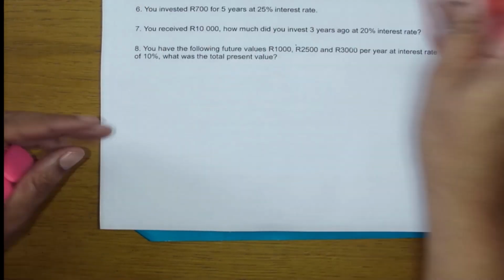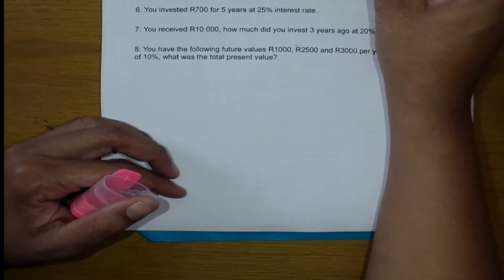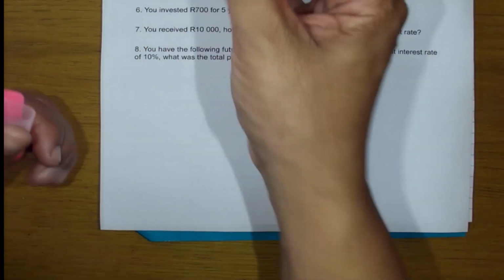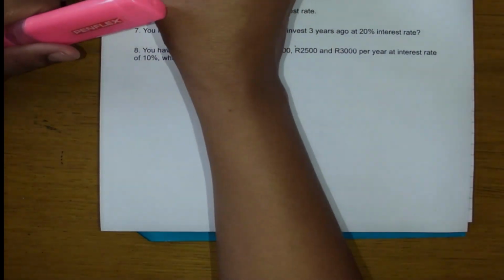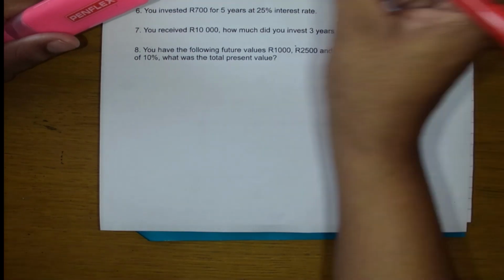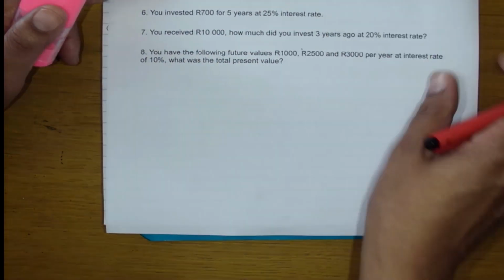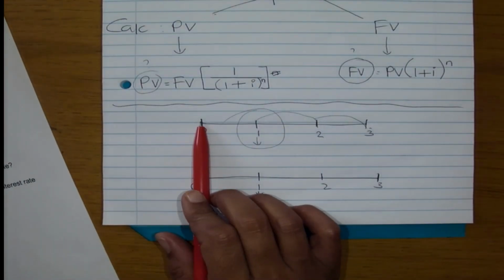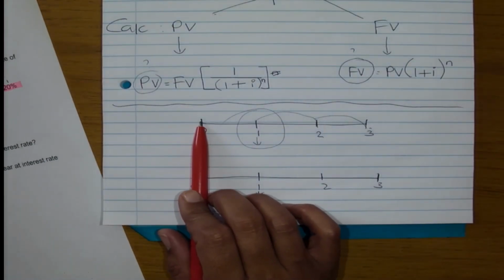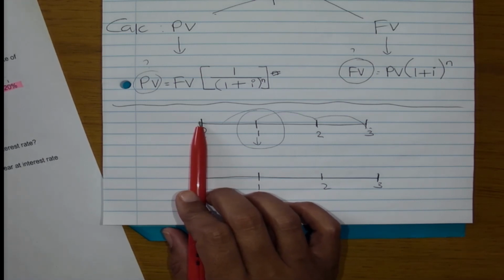No, sorry, we're on number 3. 400 beginning, 3 years, 30%. Okay, so 30% is I. 3 years is N, and 400, but it says at the beginning of the year. So if it's at the beginning of the year, you ask yourself the question, for how many periods will I still get interest?